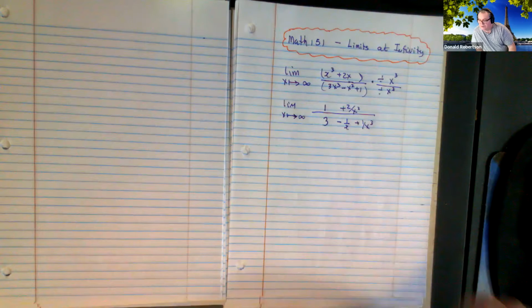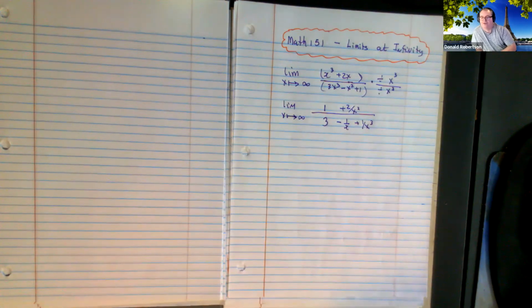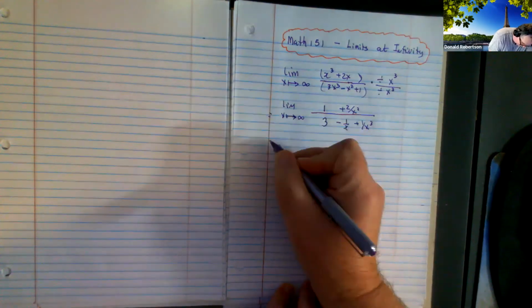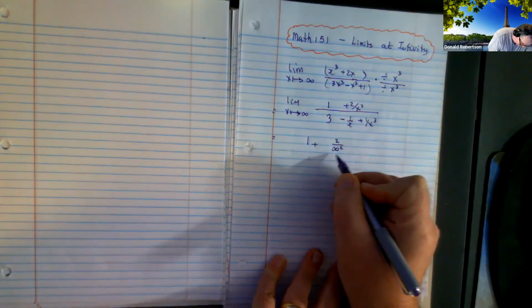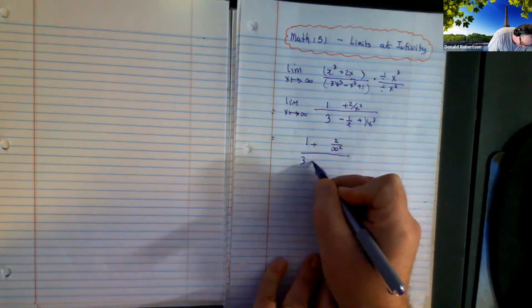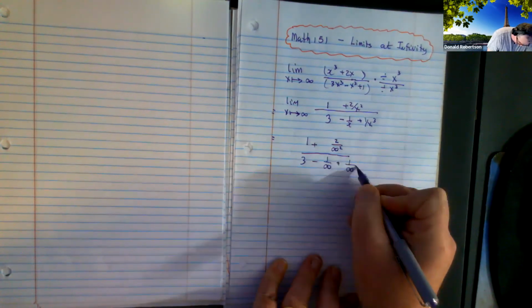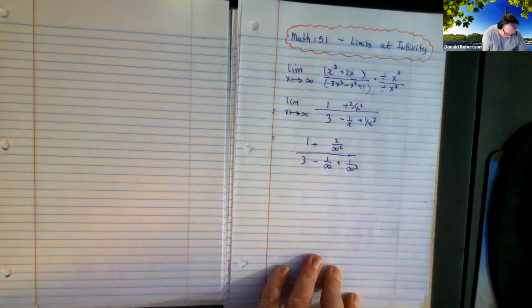Once you've done that, you essentially do brute force. That means you make x infinite and you see what you've got. We have rules about what you get when you make x infinite. So in this case, it's 2 over infinity squared, 3 take away 1 over infinity plus 1 over infinity cubed.